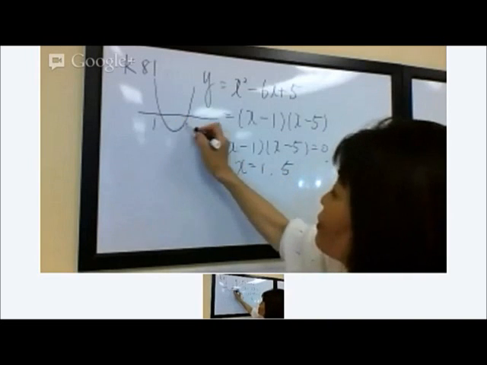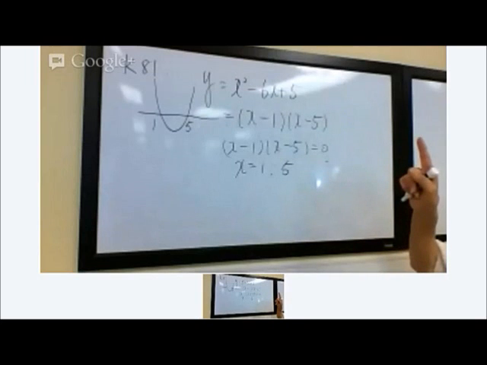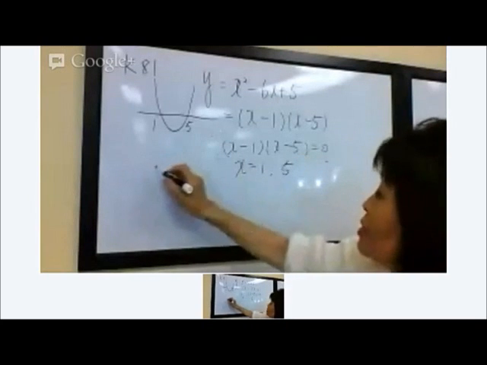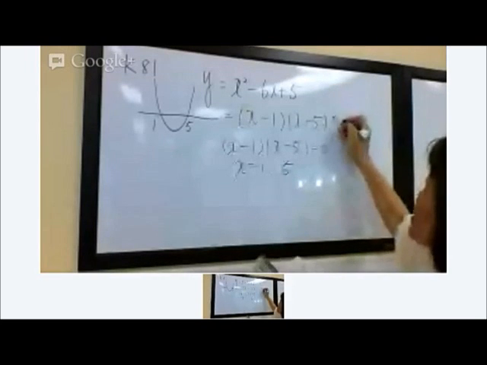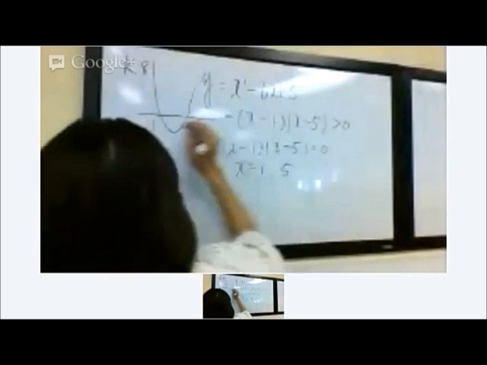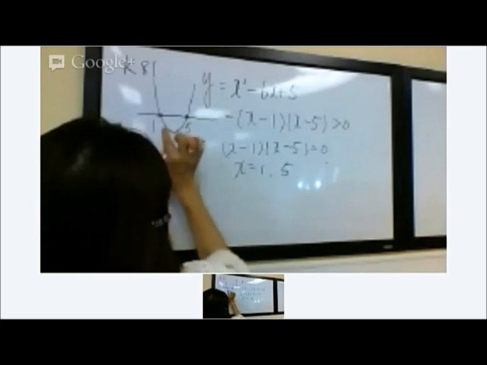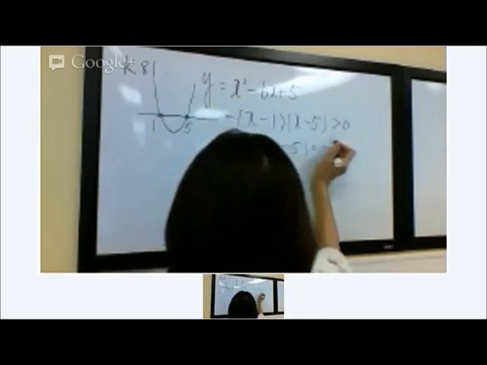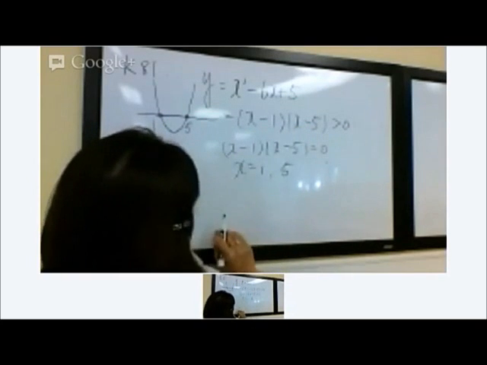If the graph says y is greater than 0, with no equal sign here, the intersection points are drawn as a circle, a hole. If there is an equal sign, we fill in that hole, which means the value is included.